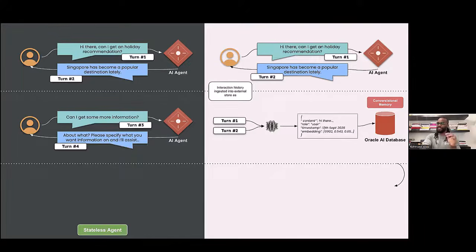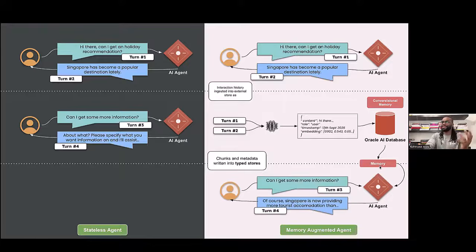There are other memories that are more favorable or more aligned to semantic retrieval. Long story short, your agent now has memory, and now you get a proper response from your agent because it can remember what you're talking about. You're talking about Singapore, and now it can carry on the conversation. This is a memory augmented agent, right? The agent is augmented with memory.